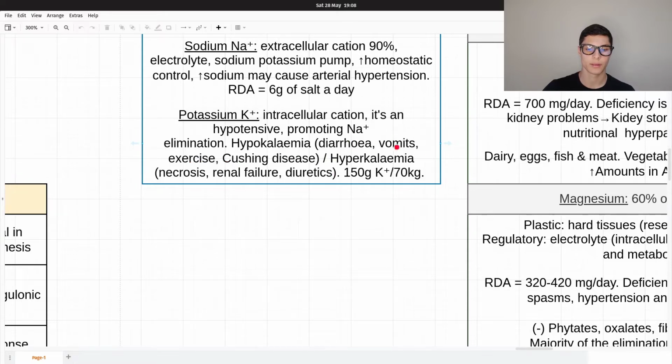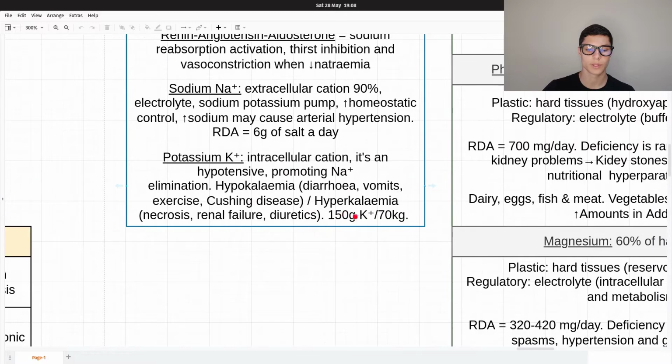Indeed, if we lose water, we will probably lose some electrolytes as well. Hyperkalemia, on the other hand, is due to necrosis, renal failure, and diuretics. The quantity of potassium for a person who weighs 70 kilos is approximately 150 grams.